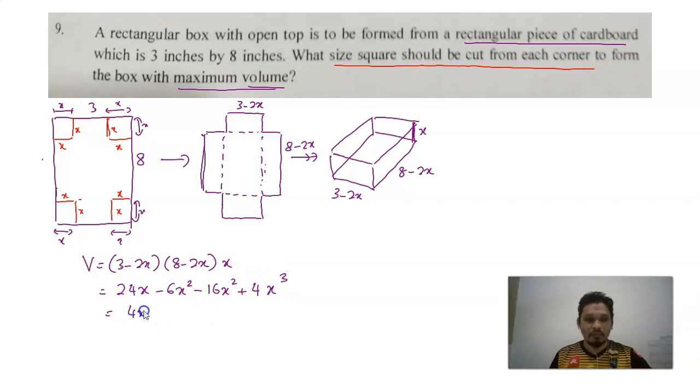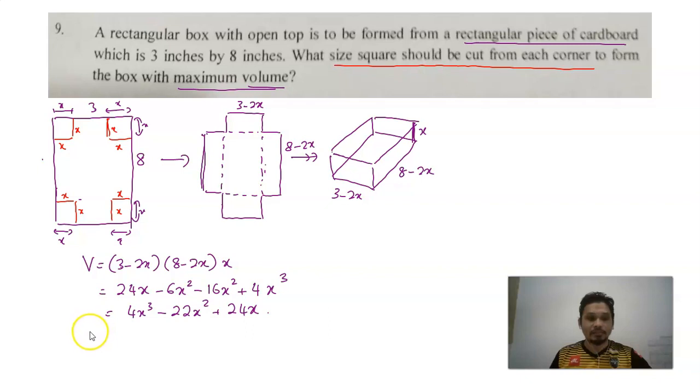So then 4x cubed. Negative 6 minus 16. 3 times 2 equal to negative 6x and x squared. Negative 2 times 8, negative 16, x times x. Okay, minus 22x squared plus 24x.